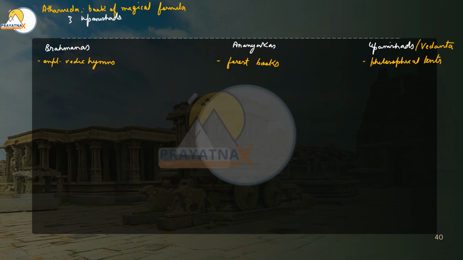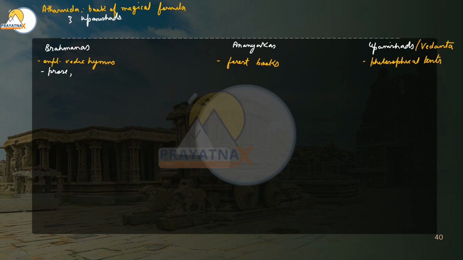Now, for Brahmanas, it was in prose form, ritualistic in nature, gave a description of the sacrificial rituals. It contained myths and legends, which gave instruction to the Brahmins of how to perform the rituals. Now, every Veda had several Brahmanas attached to it.